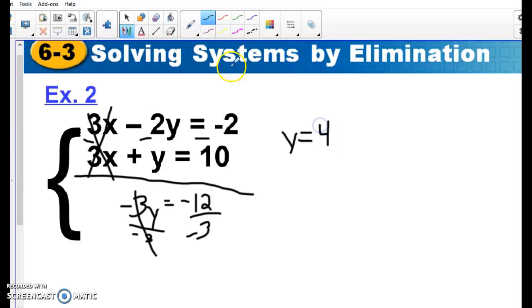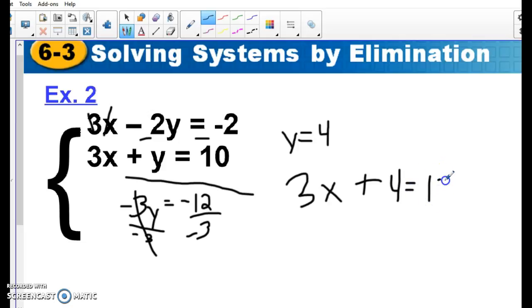And then same thing as before, we're going to plug it in. This time I think my bottom equation is going to be easier. So I'm going to do 3x plus 4 equals 10, because now I know my y is 4.